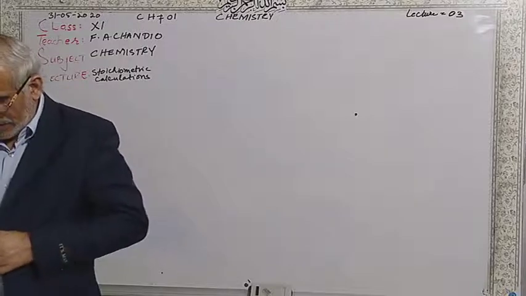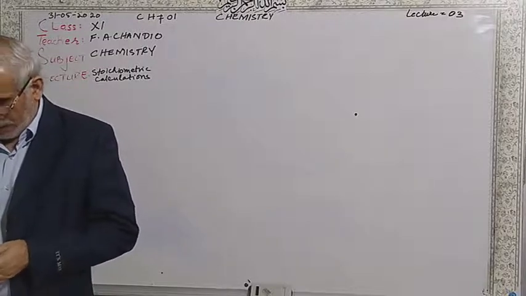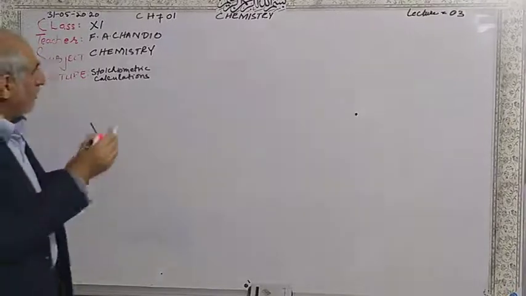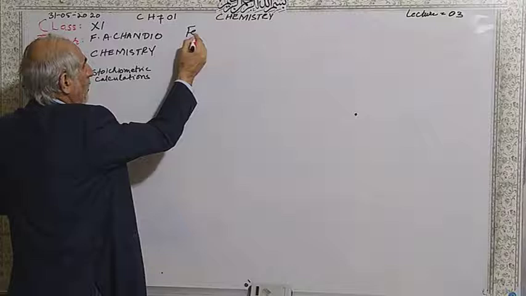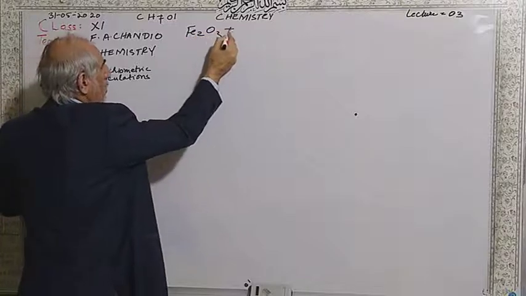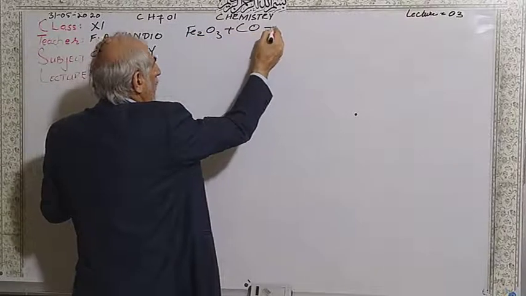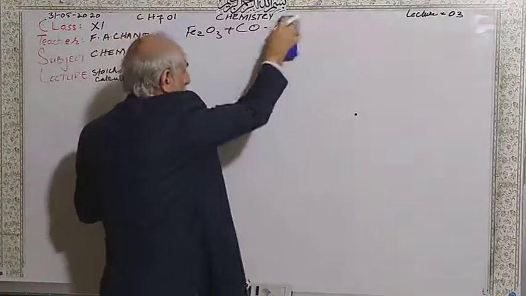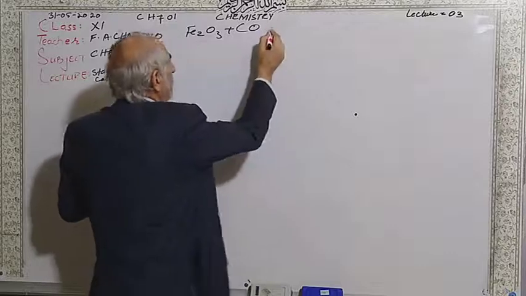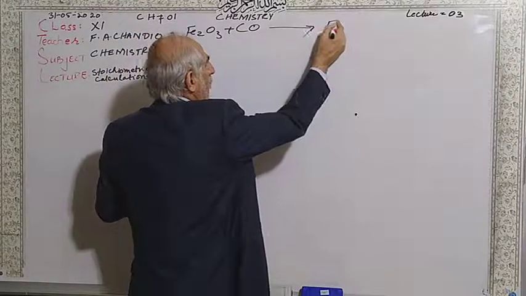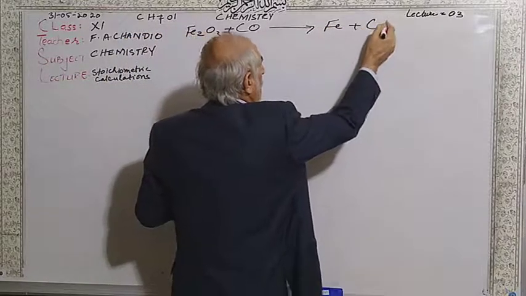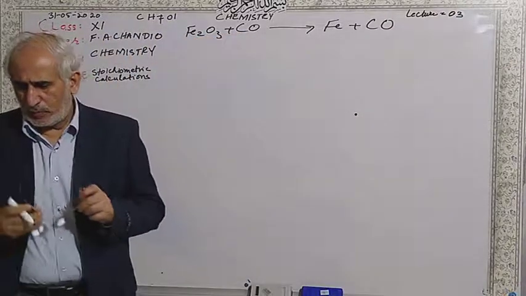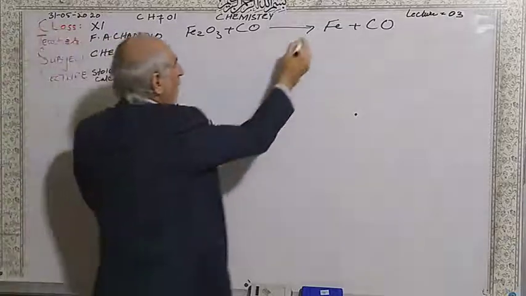If you see your book, sample number 1.2 example, the iron ore. This is the iron ore which is going to be formed from the balanced chemical equation.